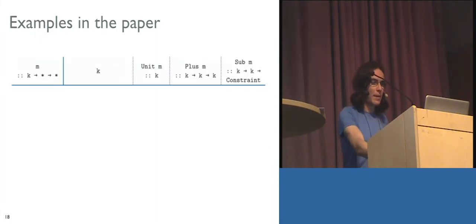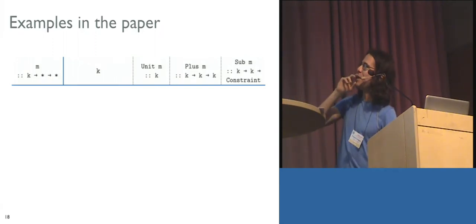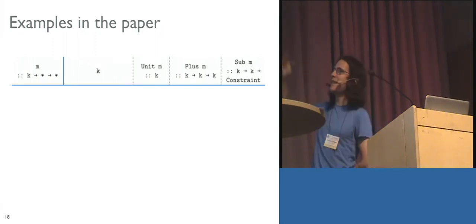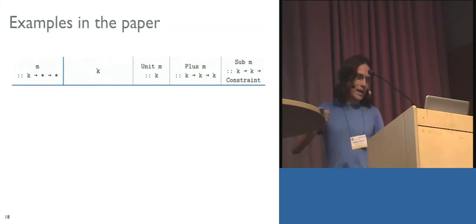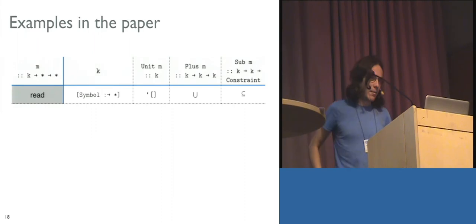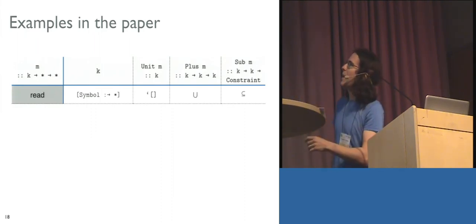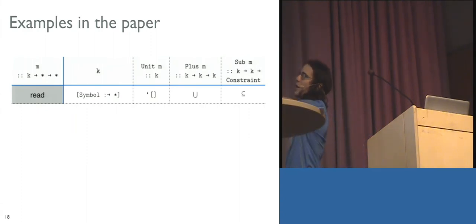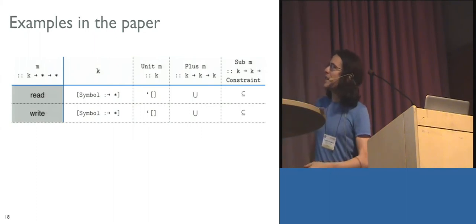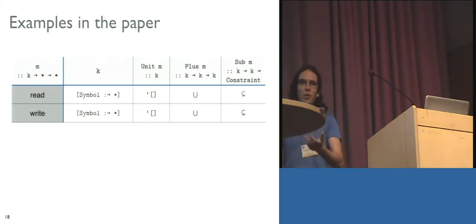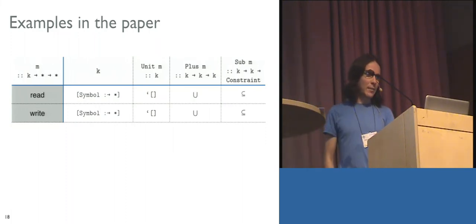There's lots of other examples in the paper, so I'll just give you a little tabulation. So M is the effect parameterized monad, K is the effect domain, unit is the unit effect, plus, and then there's the sub. So for reader, we had these sets of symbol to type pairs with the empty set and union and subsets. There's also something that's similar for the writer. Oh, I should say that for the writer, the types have to be monoids, so it's like the normal writer monad, but we have lots of them together.